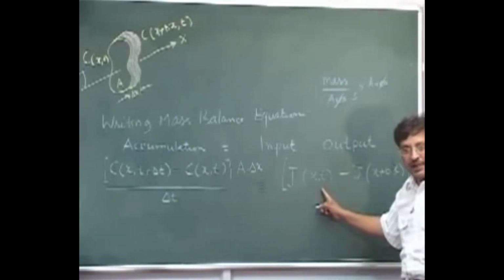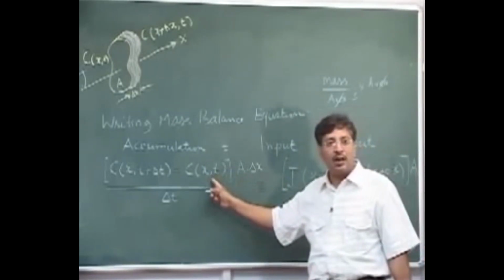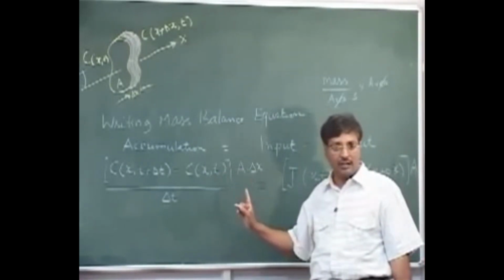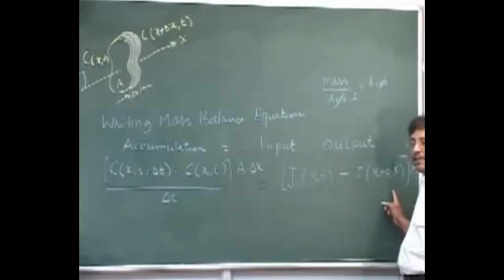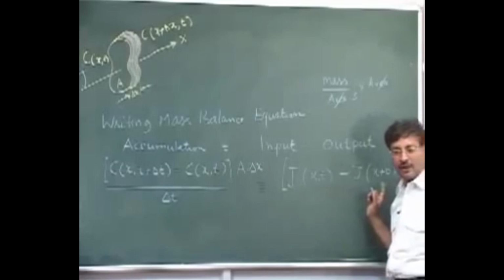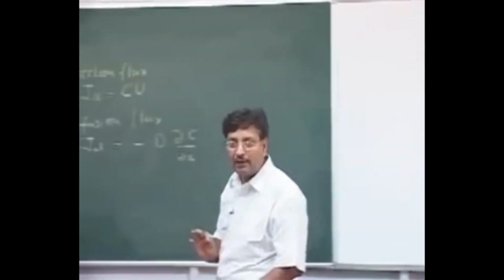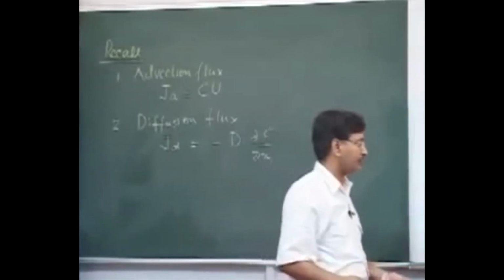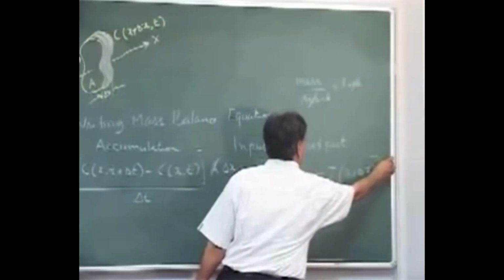Mass per second in, mass per second out is mass per second accumulated, right? That also is mass per second. Is that right? All in agreement with me? So this area will go off from here.